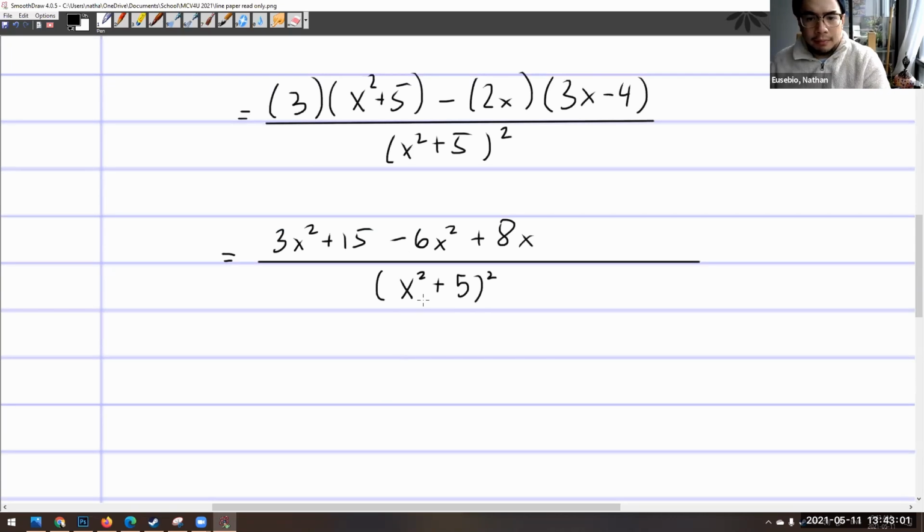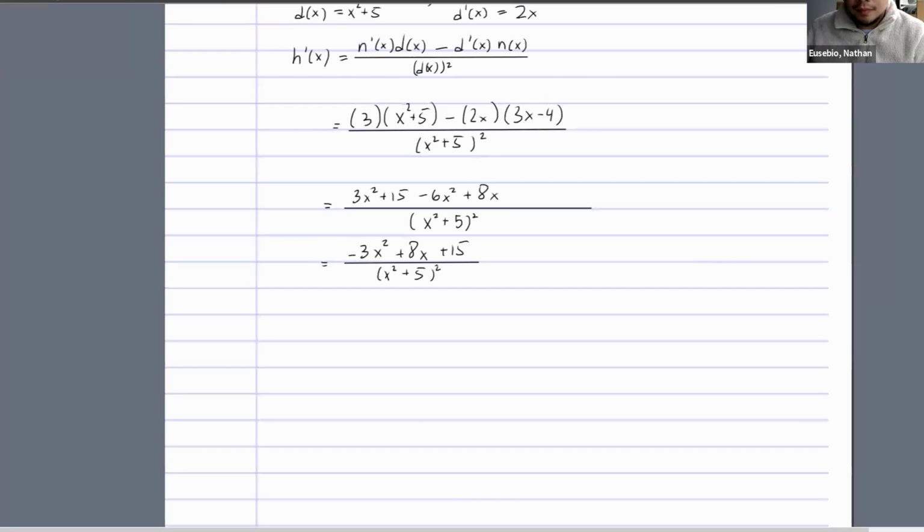If I can plug in the 2 there, it'll be very straightforward to solve. If I expand it, it's more work for me. Whereas the top here, I'm going to clean it up a little bit before I plug in a 2. So we end up with negative 3x squared plus 8x plus 15. And then I think that's where we'll stop simplifying.